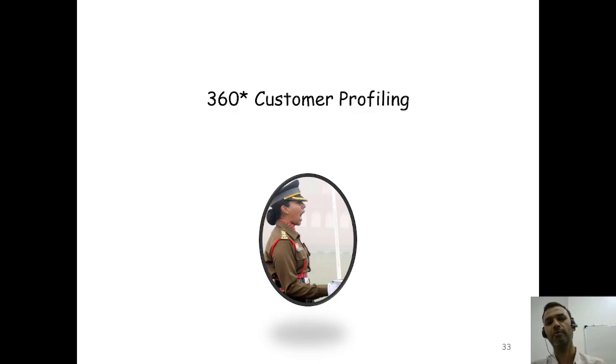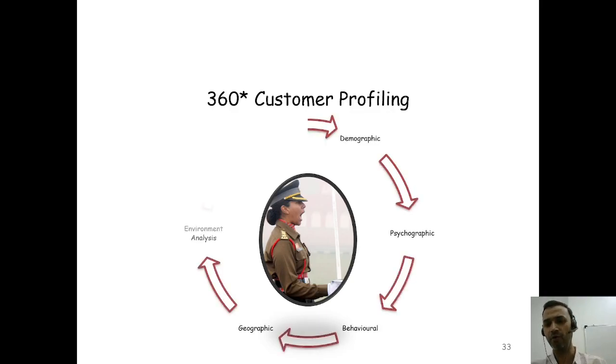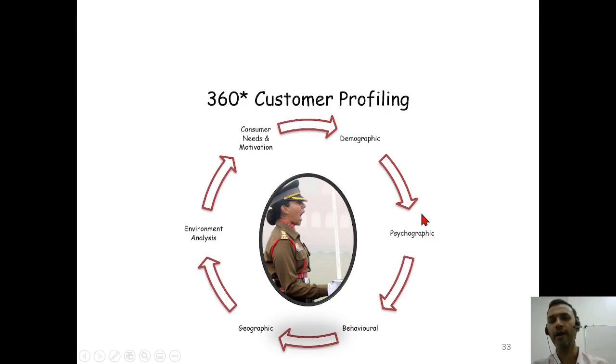Now moving forward, the idea here is to capture the 360-degree customer profiling, right? So you look at the demographic data, and then you capture the psychographic information, the behavioral data, geographic data.